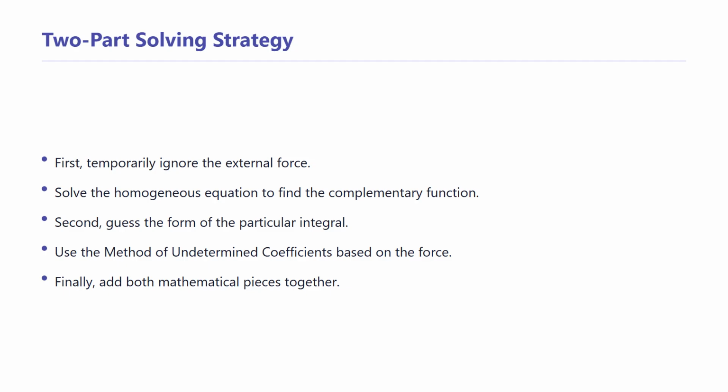Second, we look at the actual forcing function and make an intelligent guess about how the system will respond. This technique is called the method of undetermined coefficients. We guess the shape of the particular integral, plug it into the equation, and solve for the missing numbers. Finally, we add our natural solution and our forced solution together to complete the problem.